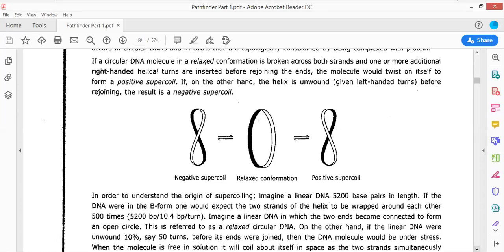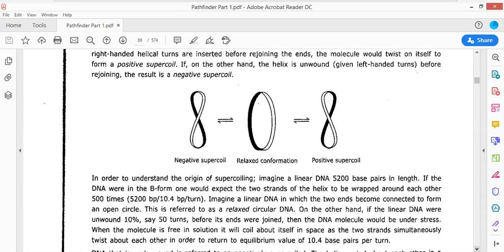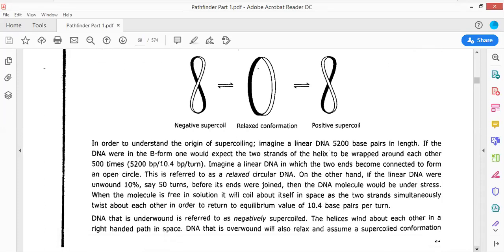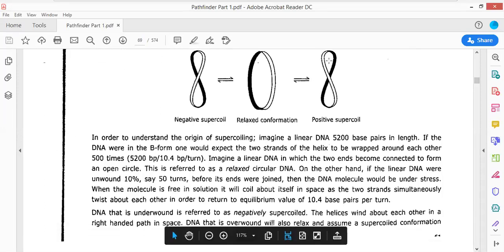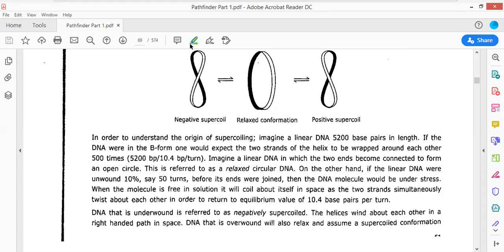Let us understand the concept with a numerical which is given here in the Pathfinder. In this question, it is told that there is a linear B-DNA consisting of 5,200 base pairs in length.